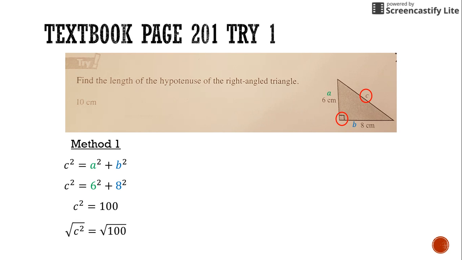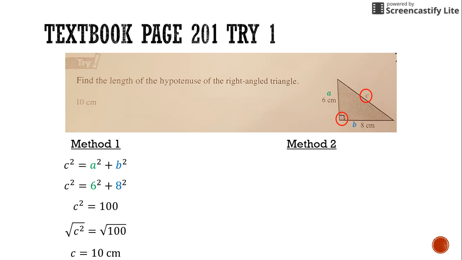We square root c squared as well as square root 100, and we will get c is equal to 10 cm, again using your calculator. Please do not forget to write down the correct units as well. So this is for method 1.